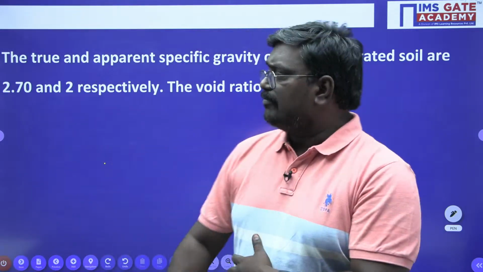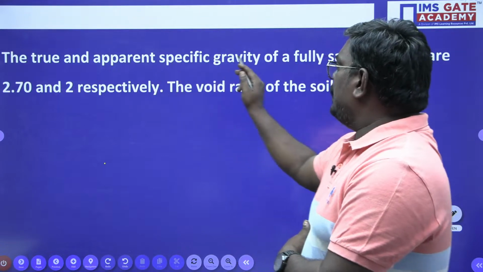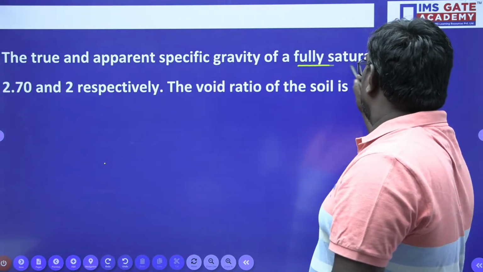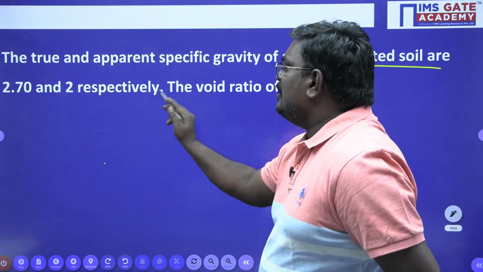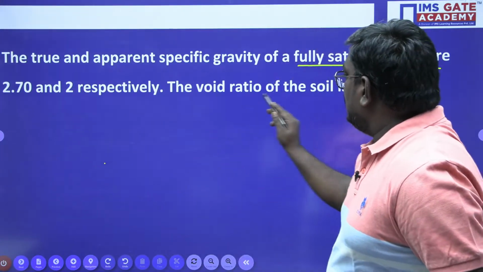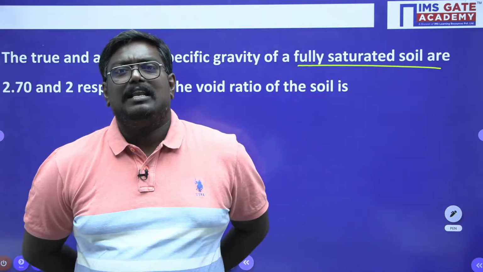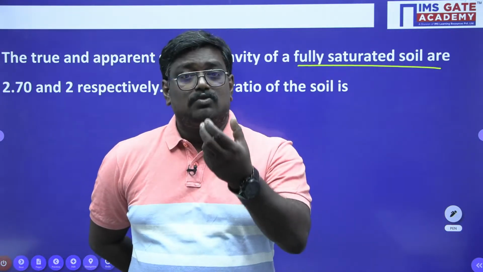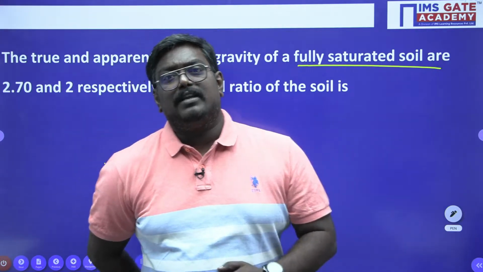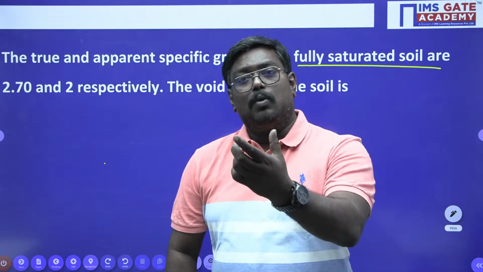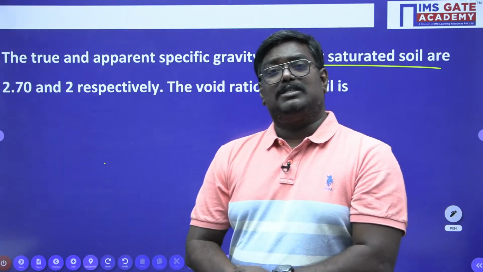Now here is the first and the foremost question. The true and apparent specific gravity of a fully saturated soil are 2.7 and 2 respectively. Calculate the void ratio of the soil. Whenever they have given any GATE question, first try to understand the input data. There are two terms given in the question, my dear students: one is the true specific gravity and the other one is the apparent specific gravity.